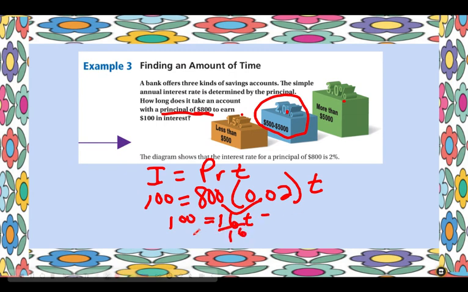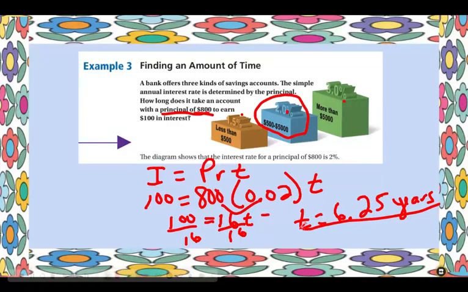Then divide by 16, divide by 16. So the time is 6.25 years. That's how long it'll take you to earn $100 in interest. Or you could say 6 years, 3 months. Good job.